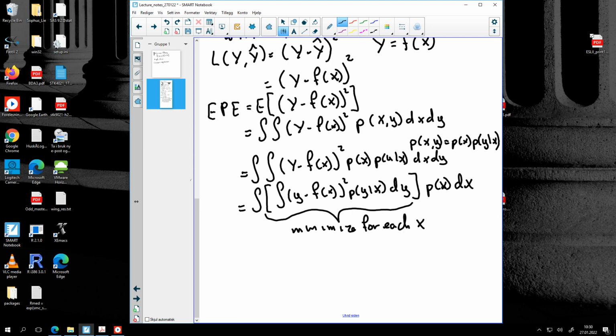So instead of considering all x's at the same time, you could just look at one fixed x and then minimize the expression inside the integral.